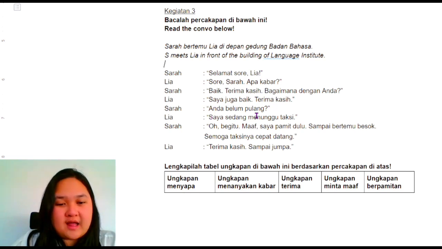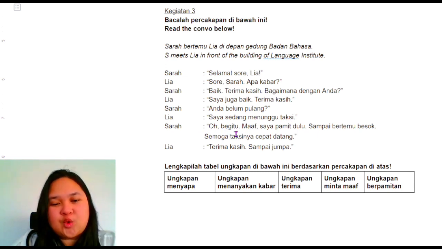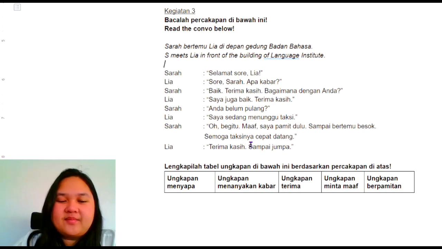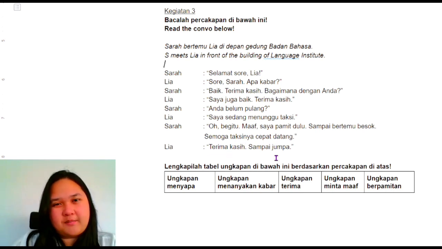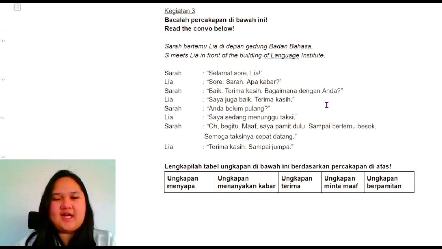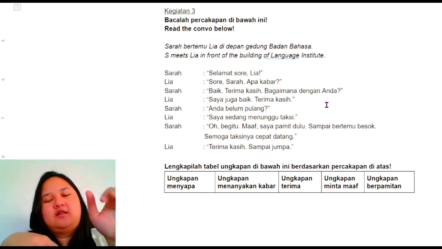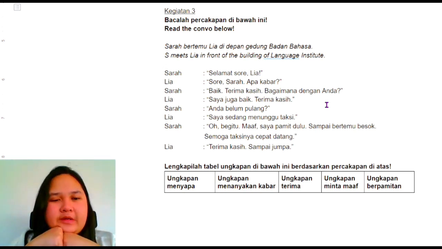Anda belum pulang? Saya sedang menunggu taksi. Oh, begitu. Maaf, saya pamit dulu. Sampai bertemu besok. Semoga taksinya cepat datang. Terima kasih. Sampai jumpa.